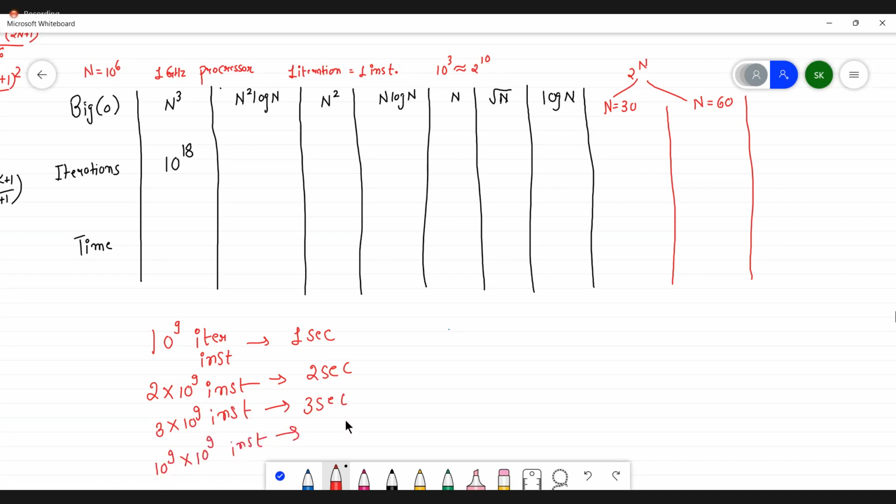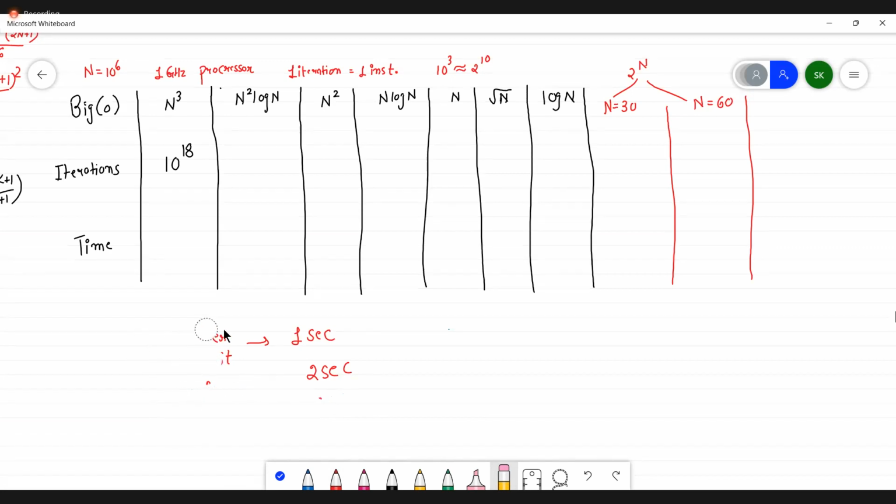What will be the answer for this? 10 to the power 9 seconds. Correct. Which comes out to be 13.7 years. Clear?